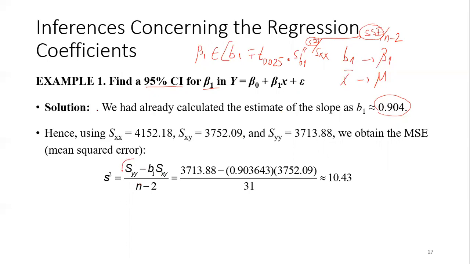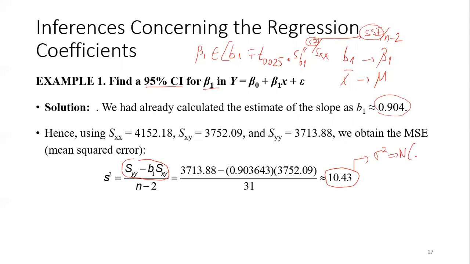This was the formula for SSE: the sum of yi squared minus B1 times SXY, and so on and so forth. It turns out that S squared is 10.43. This is the estimator for sigma squared. And what was sigma squared?